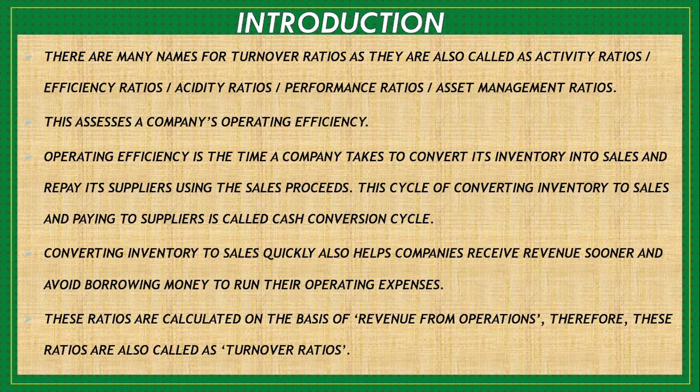Converting inventory to sales quickly also helps companies receive revenues sooner and avoid borrowing money to run their operating expenses. These ratios are calculated on the basis of revenues from operations. Therefore, these ratios are also called turnover ratios.